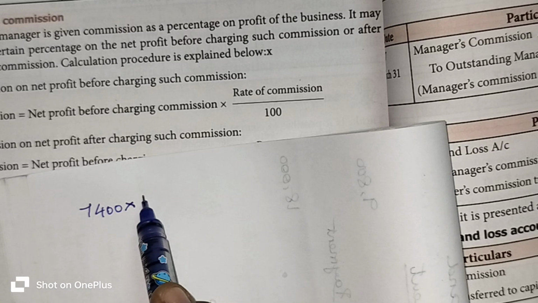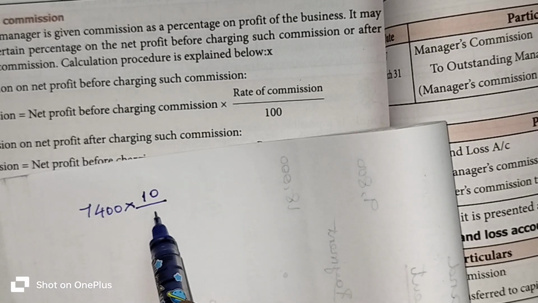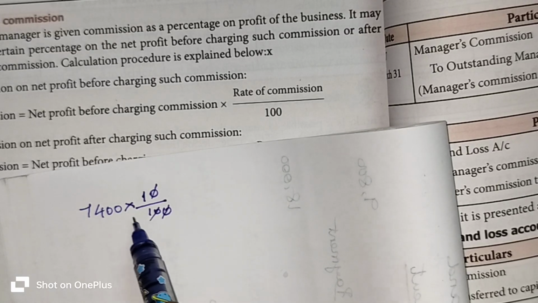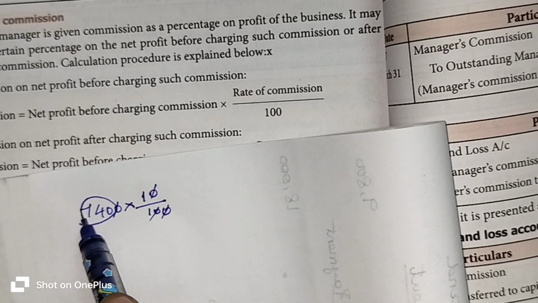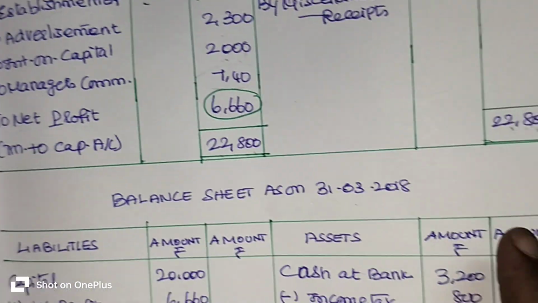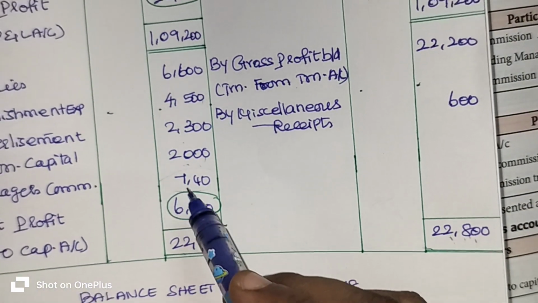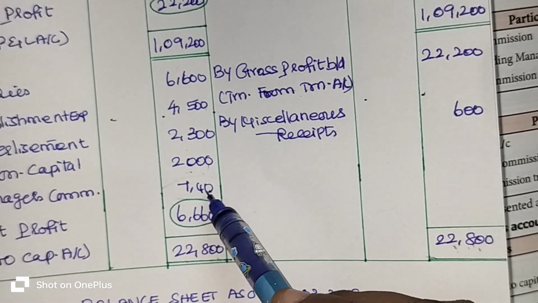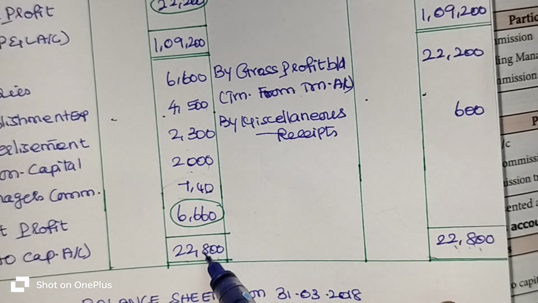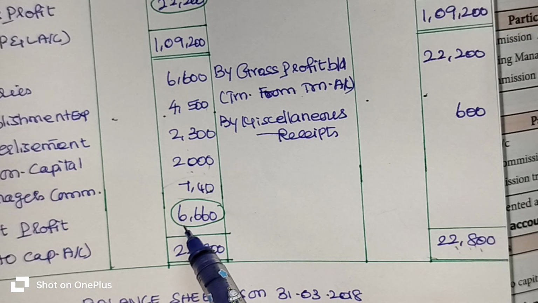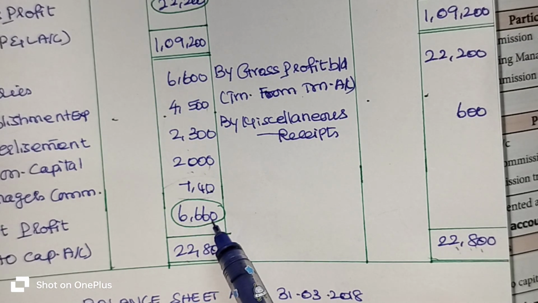Rate of commission they have given is 10%, means 10 by 100 as per the format. Then we cancel it and we get 740 rupees. So 740 rupees is the manager's commission, right? After subtracting 740 from 22,800, we get the net profit 6,660.